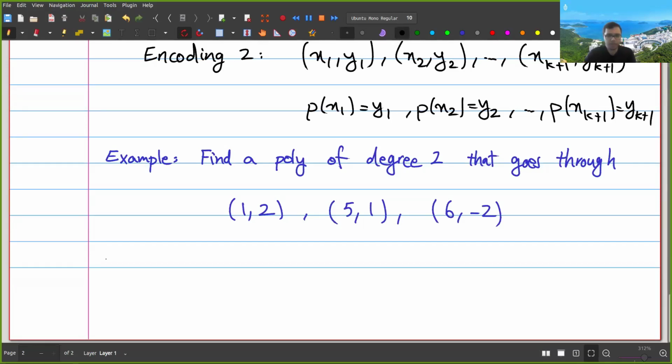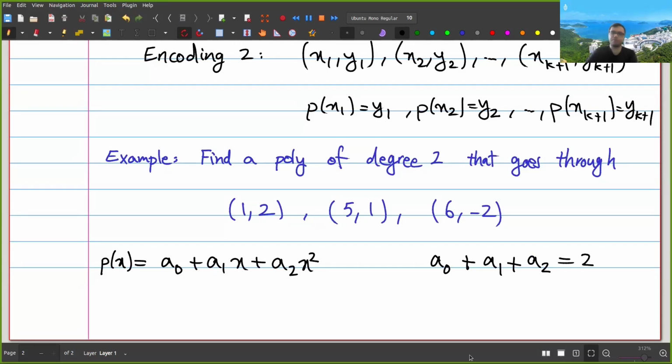Now, if I have a polynomial of degree 2, it's going to look like this. P of x is a0 plus a1x plus a2x squared. And I also know that P of 1 is 2. So what is P of 1? P of 1 is just a0 plus a1, because x is 1, plus a2, and this has to be 2.